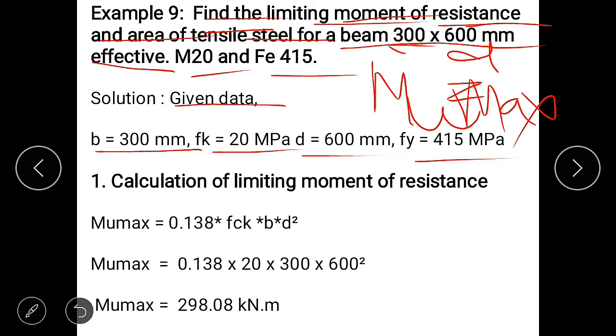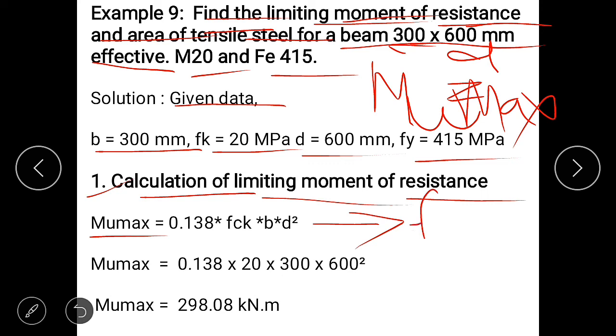So how do we find whether our section is under reinforced or over reinforced? For that, firstly we calculate the limiting moment of resistance, also called Mu max. To calculate Mu max for fy 415, the formula is 0.138 fck b d square.